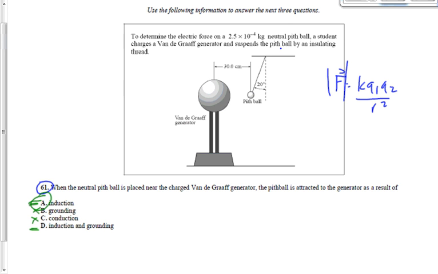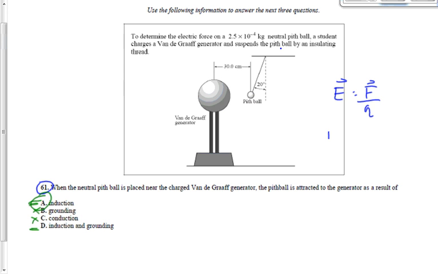Exactly what I thought. But then I'm looking at it and thinking, well, A, we don't know the charge of the pith ball, and we don't know the charge of the Van de Graaff, and the pith ball doesn't even have a charge. So I can't really use that. So then I thought, well, what's another equation for electric force? Well, we know that the electric field experienced by the pith ball would be the force over the charge.